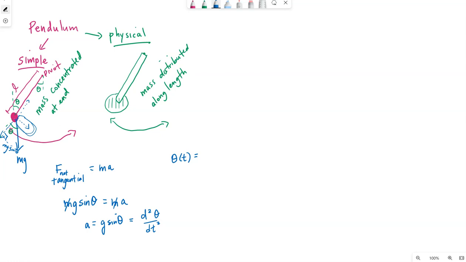Now, our author walks through this solution in the e-text if you'd like to walk through it and see it. There is an assumption made, and it's a small angle approximation. So this is valid for angles less than about 10 degrees.